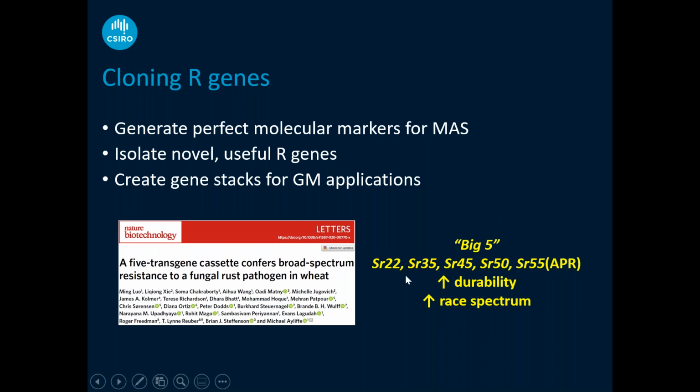So one example of this was published last year, where members of our lab created this Big 5 wheat, which contains 4 R genes and 1 APR gene in a single gene cassette that had strong resistance against all the stem rust pathogens that were tested. So technology like this can increase durability and increase the spectrum of races that it is effective against.